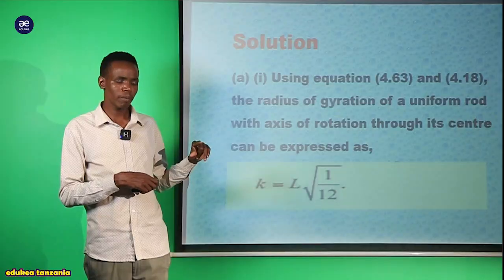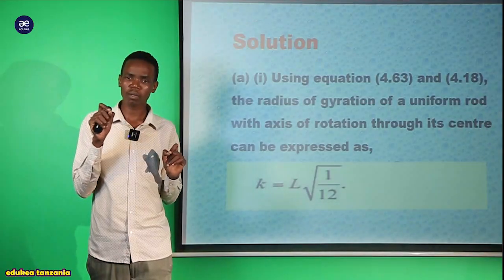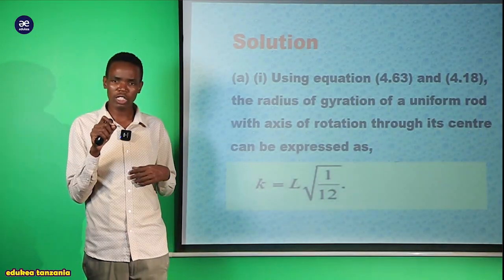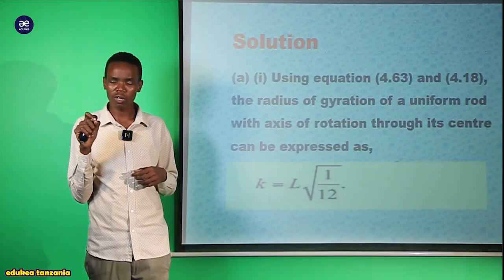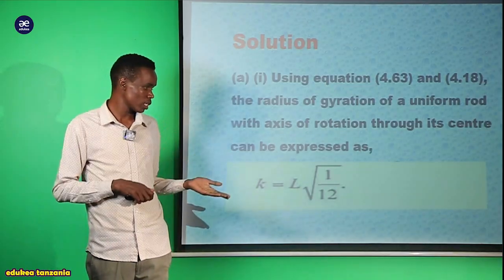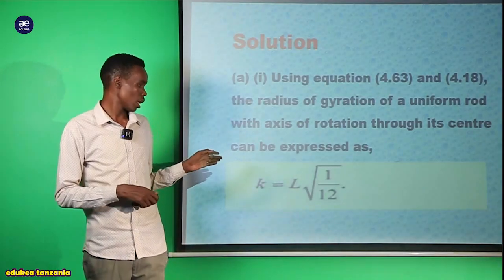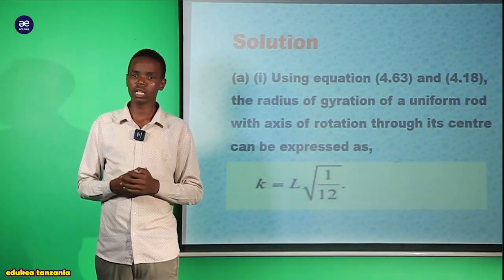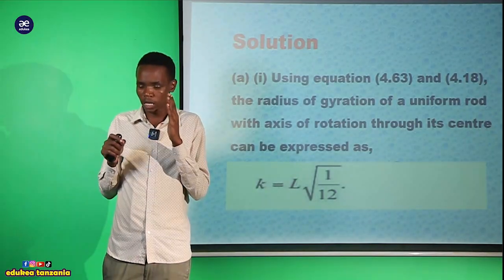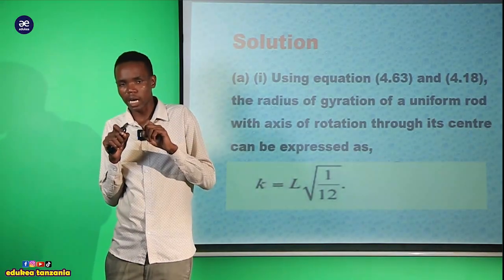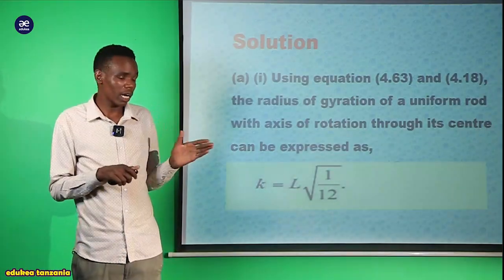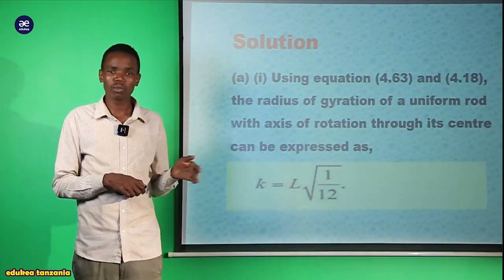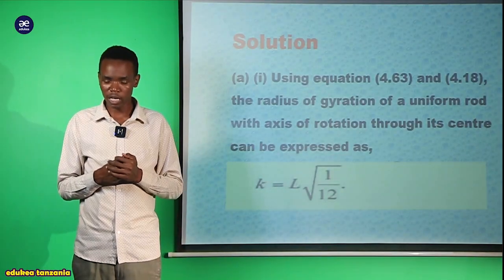What we did here is take the moment of inertia, which is equal to m k square, together with the moment of inertia which is equal to 1 over 12 m L square. By equating them you will find that the radius of gyration of the uniform load when rotating at the center is equal to L times the radical of 1 divided by 12.